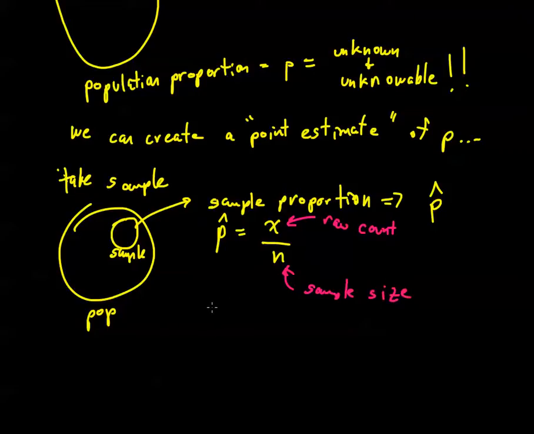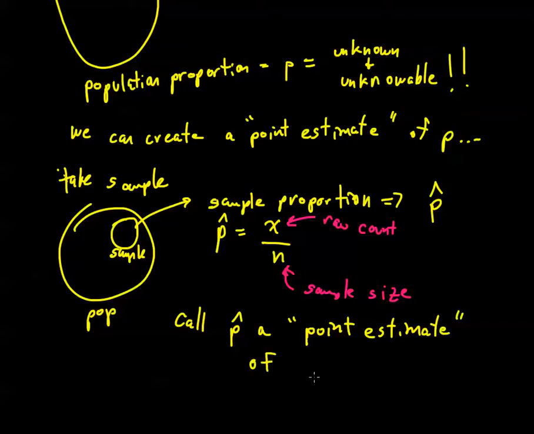So p hat equals x over n, and we can call p hat a point estimate of little p. Remember, little p is our population proportion, and p hat will be our sample proportion, again with some desired characteristic of interest.